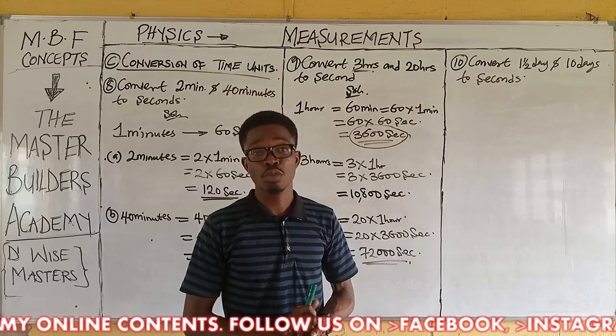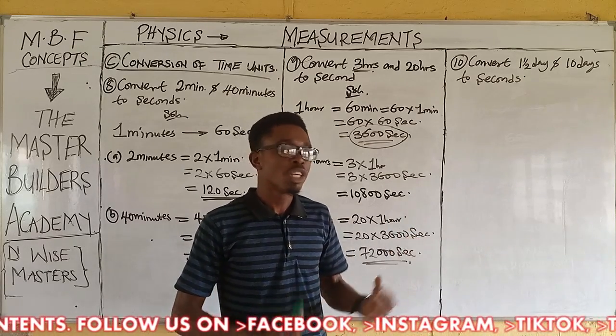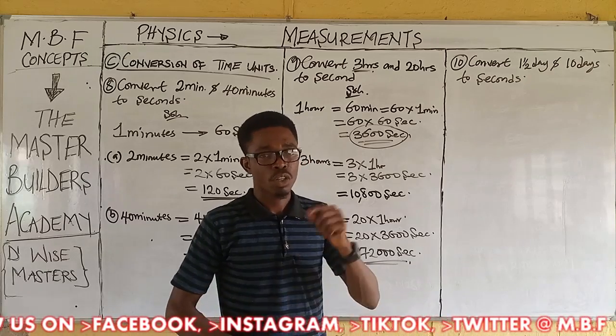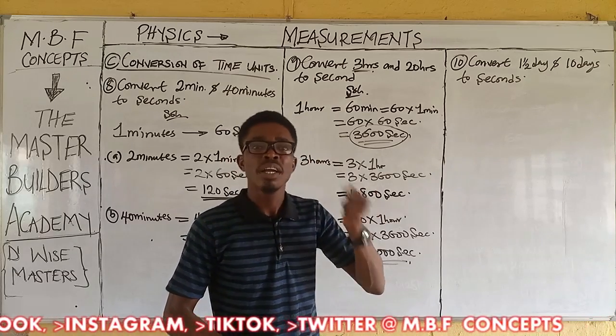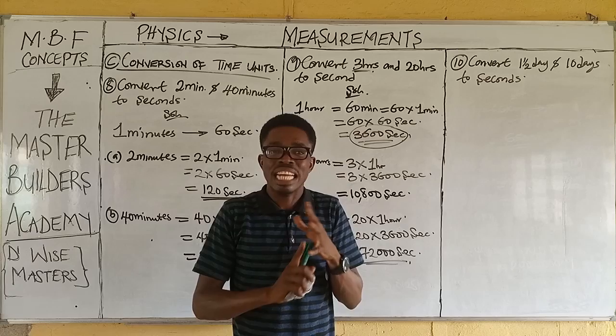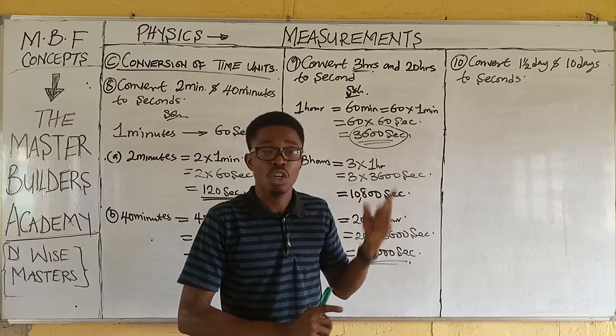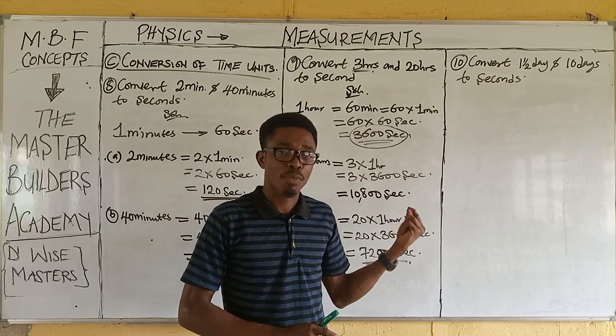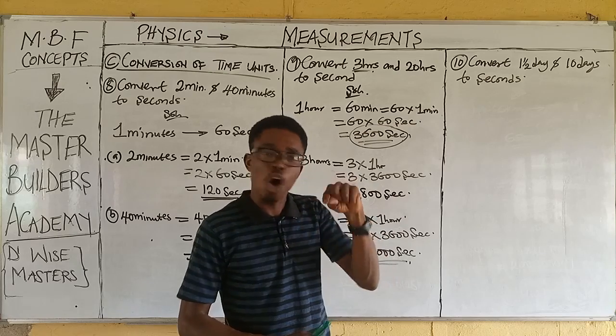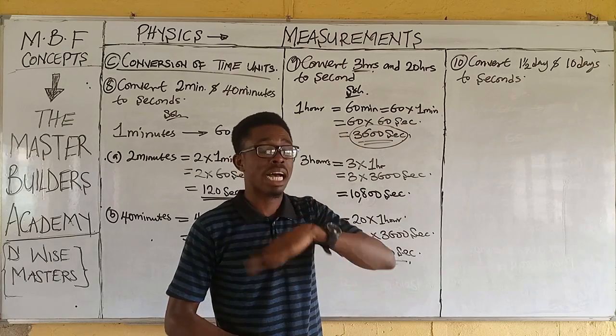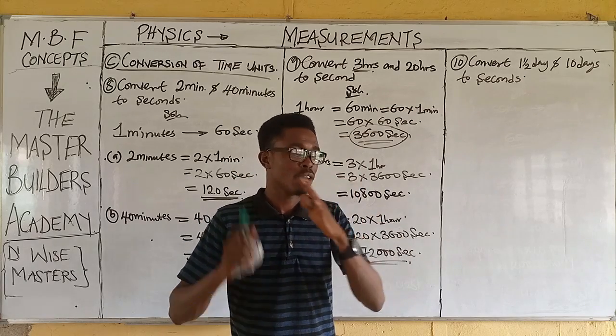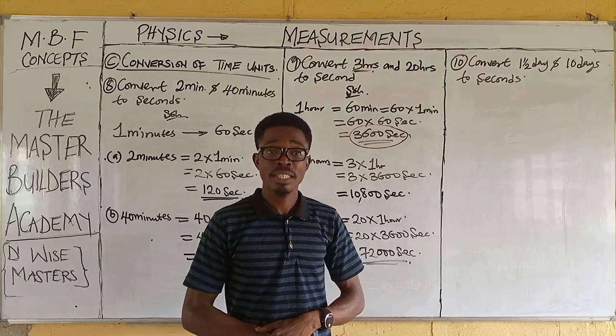If this is understood, then we are done with conversion of hours to seconds. So understand that in physics, anytime you are given values in hours, you must convert to seconds following this format, except it is stated otherwise. Then you can leave your answer in terms of hours. Otherwise, you must leave your answer in seconds.